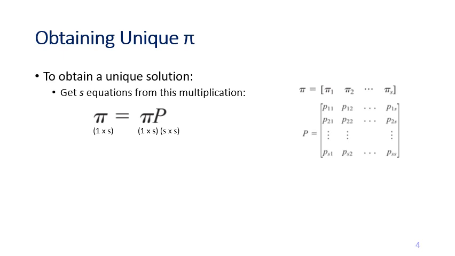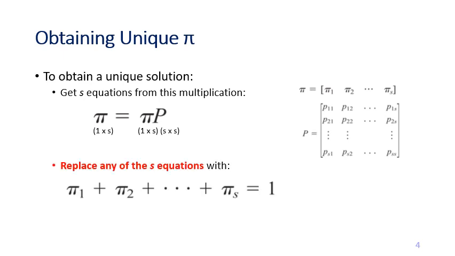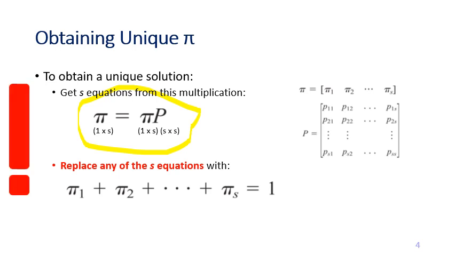What you need to do, and this is very important, is to replace any one of the s equations that you obtained with this one: the sum of pi_1, pi_2, up to pi_s must equal 1. So from the first part, you obtain s equations, and then you just replace any one of them with the second one.